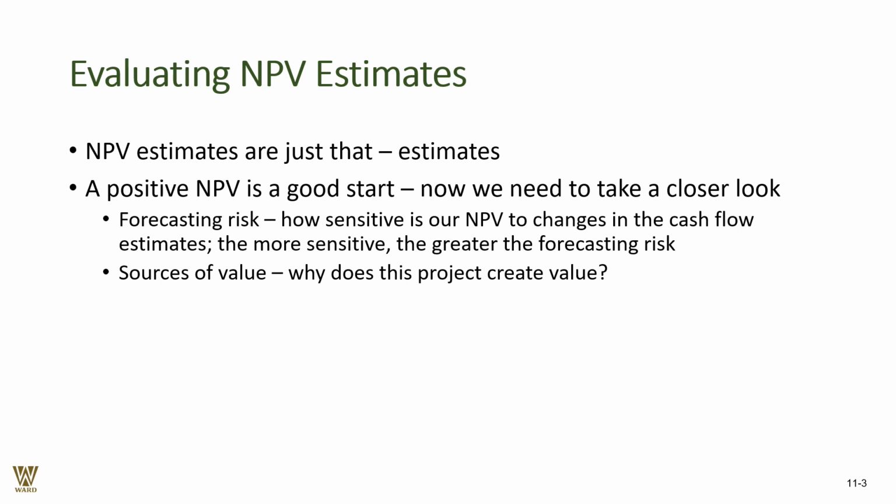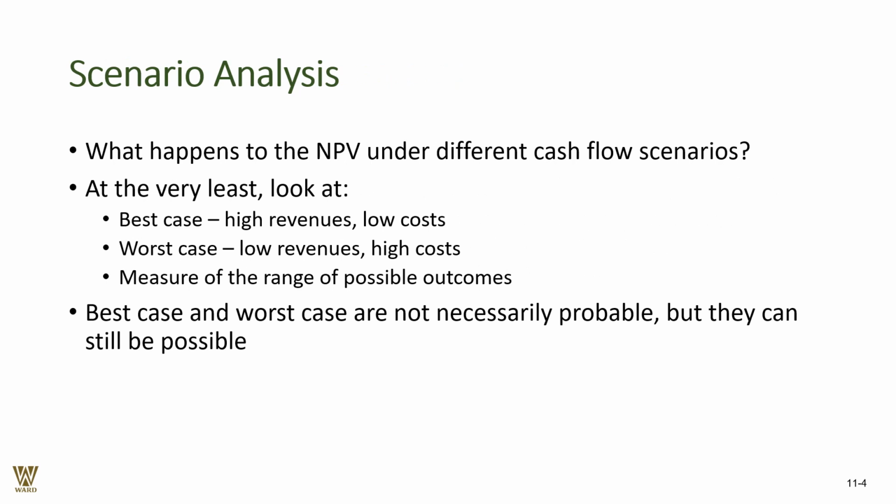So that is the forecasting around it. How sensitive is your NPV? Remember, lunch and dinner will remain constant. $100 was also constant, but the value of $100 has diminished over a period of 20 years. Source of value: why does this project create value in the first place?